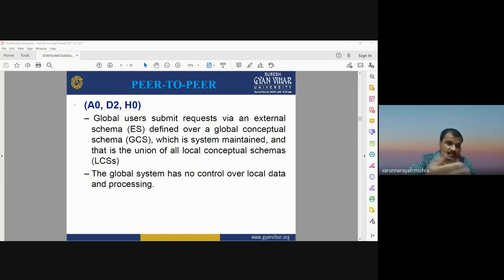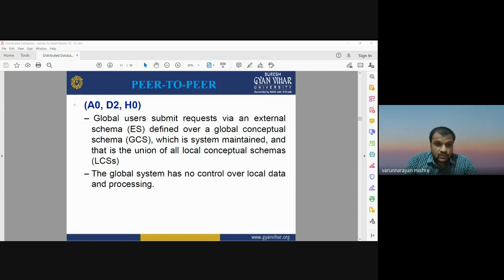Under this kind of architecture, we have global users that can submit requests via an external schema, that is ES, or via the global conceptual schema, that is GCS. So peer to peer means you are dealing with a single user only. Your database is distributed so that only a single user can access it.